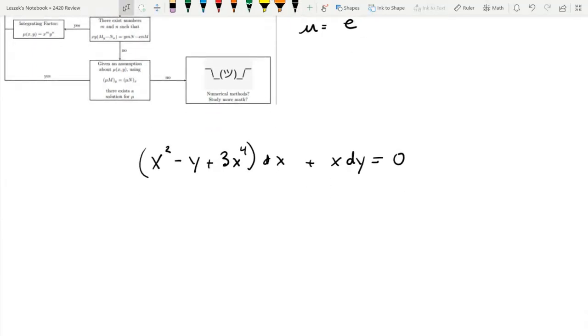All right. Yeah, by the way, not all of these are just one type. Like this differential equation that I'm writing down is also a first order linear.